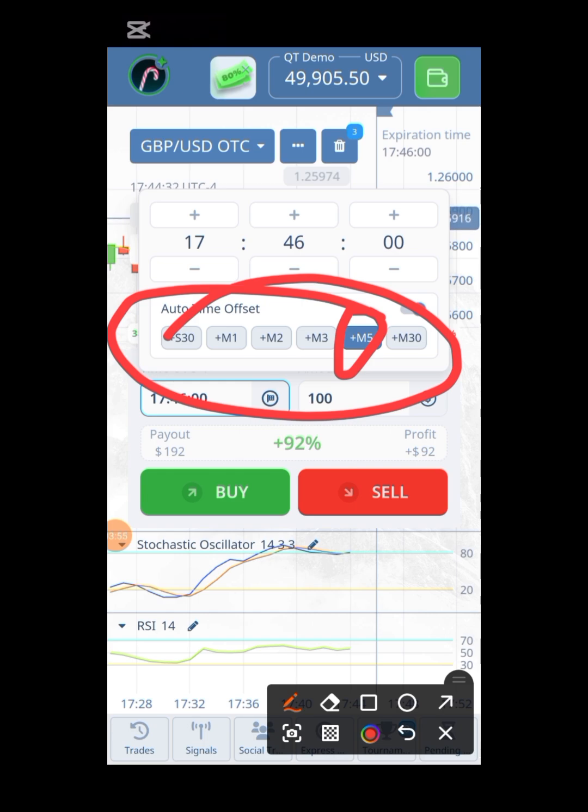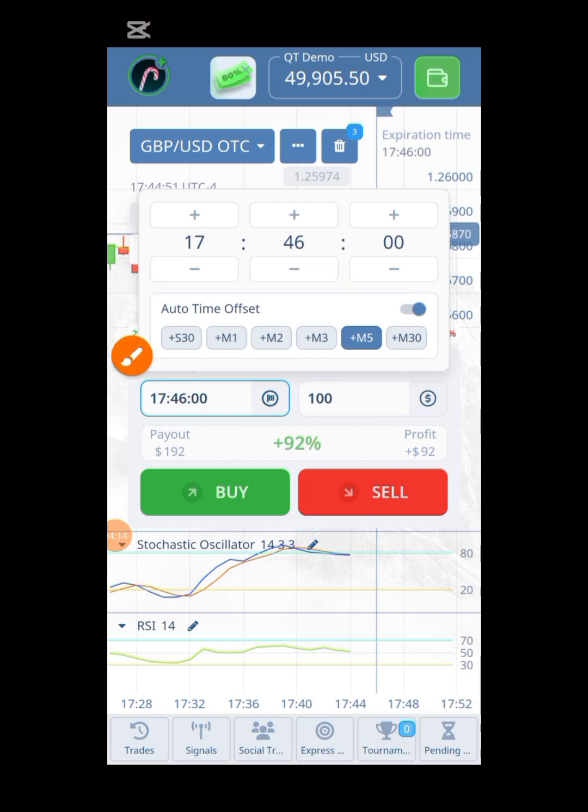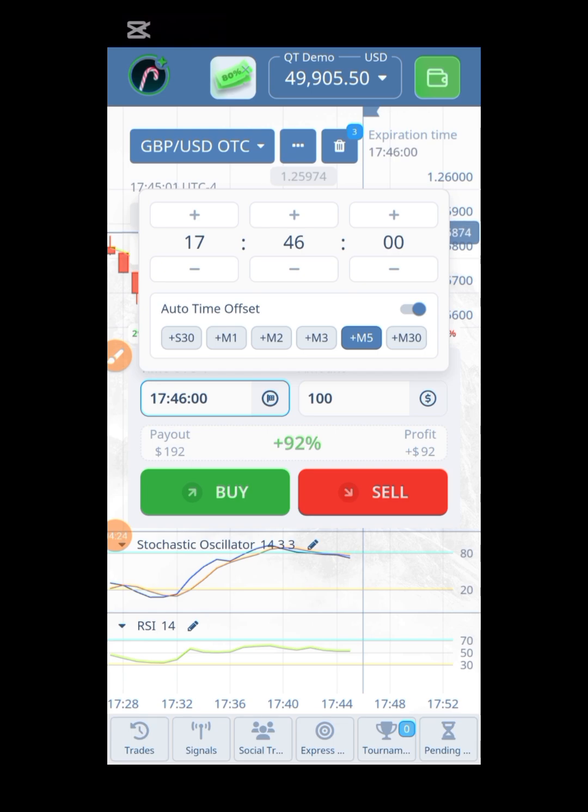You can also trade on 1 minute, 2 minutes, 3 minutes time frame, but in all these time frames there is a high possibility of you losing, and a high possibility of you winning, based on your own signal and your own strategy. But many a time it is good you take 5 minutes, so that in the event that the volatility of the currency pair is high, you can easily win by 5 minutes.